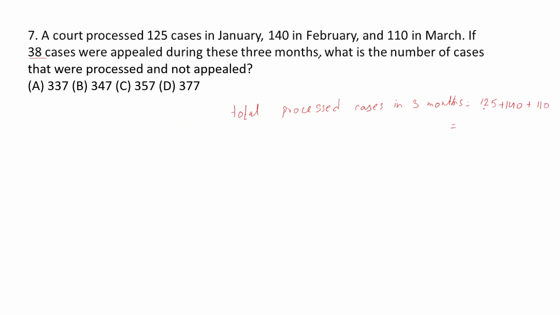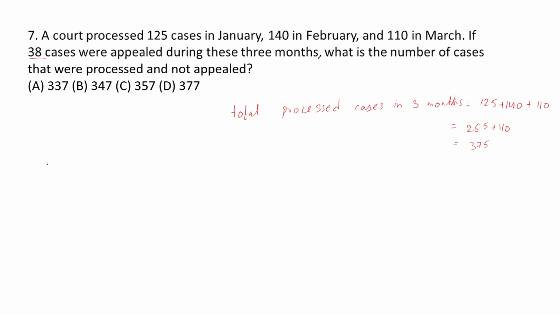So total will be, you have to add them up. 125 and 140 becomes 5, 6 and 2, this plus 1, 10. And this becomes 375. So total cases processed in 3 months are 375. How many appealed? 38. So how many are left?